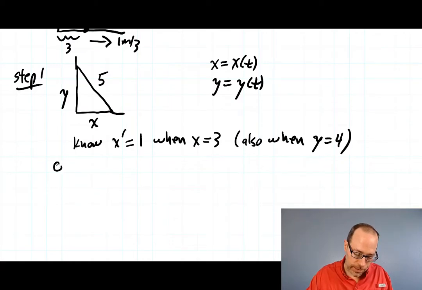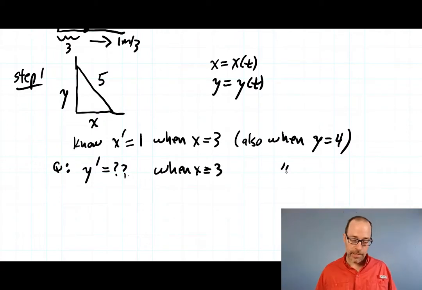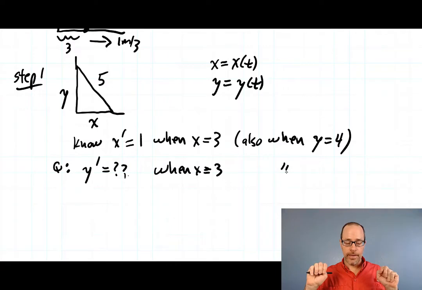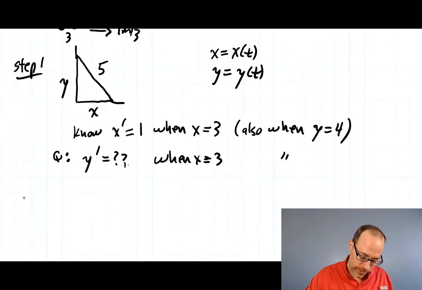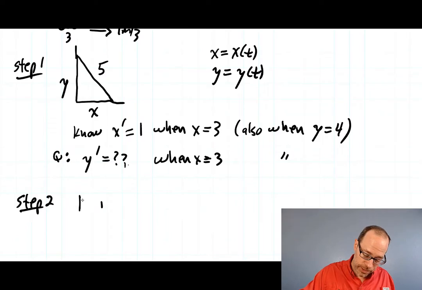And the question that they want us to answer is, what is y prime? Again, when x is equal to 3 and y is equal to 4. Okay. All right, that's step one. Label things and rephrase the question, usually in terms of derivatives. And step two pretty much always involves finding a relationship.